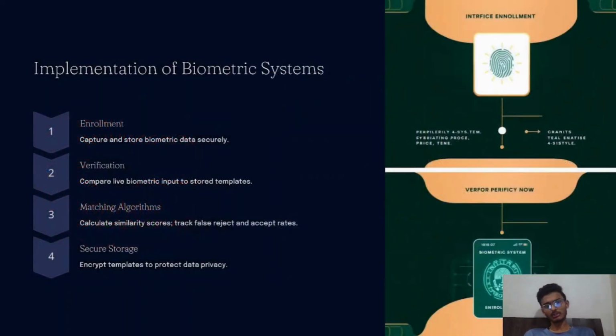The implementation of a biometric system. The basic four steps of implementing a biometric system: first is enrollment, to capture and store the biometric data securely.